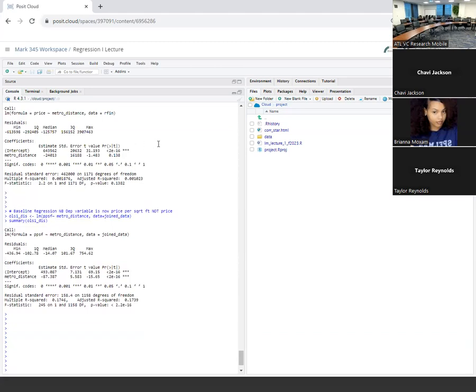Because the closer you are to a metropolitan area, the likelier it is that the square units are going to be smaller, but the price will still be higher because you're closer to urbanization. Okay, that's a good hypothesis, and we could work with that.